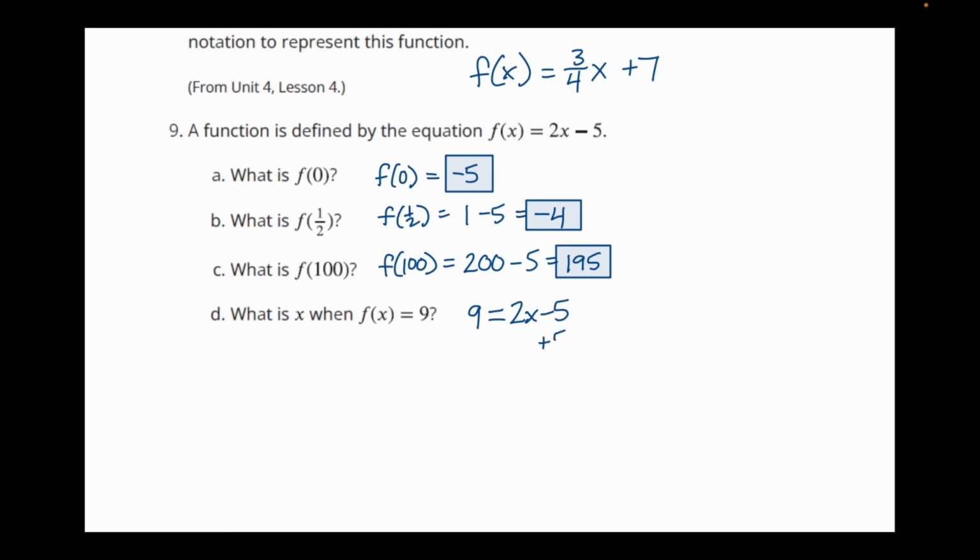So we would add 5 to both sides. That means this is 14 equals 2x, and we can divide both sides then here by 2, and we would get that x is equal to 7, and that is the answer for this one.